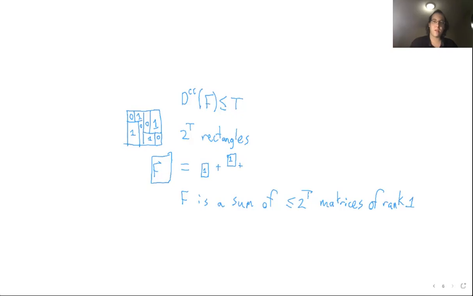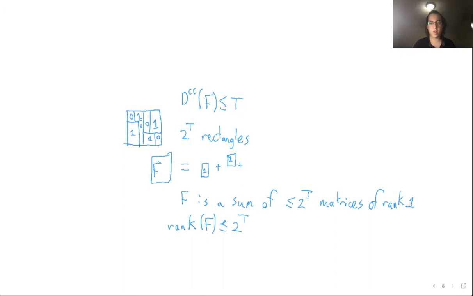So the rank there is 1 for this matrix, which means that, effectively, the rank of F, well, the rank of a sum of matrices is at most the sum of the ranks. So the rank of F is at most 2 to the t.